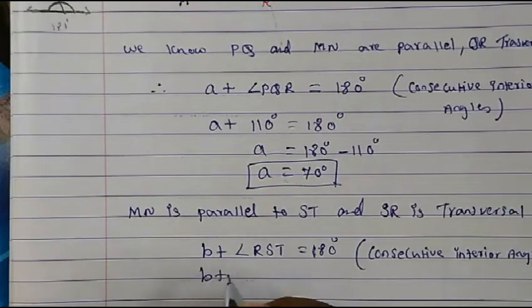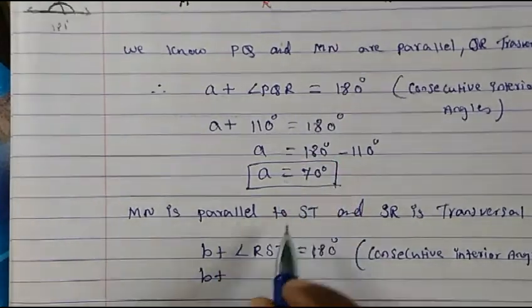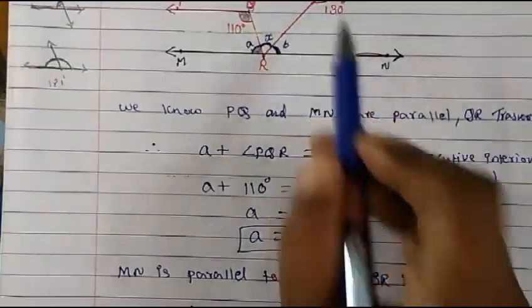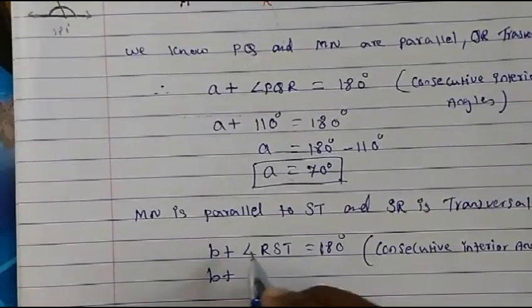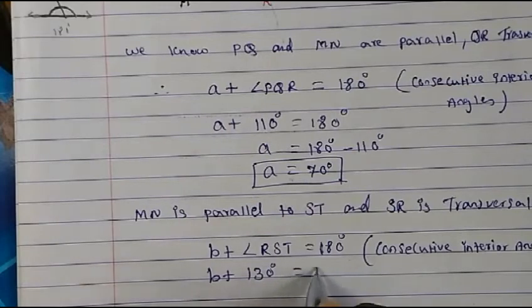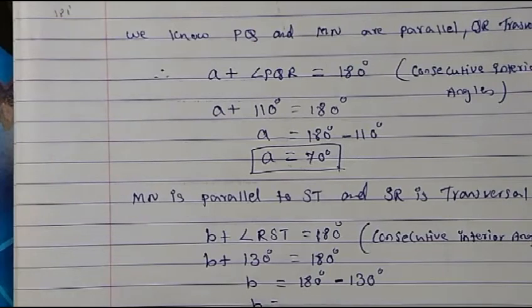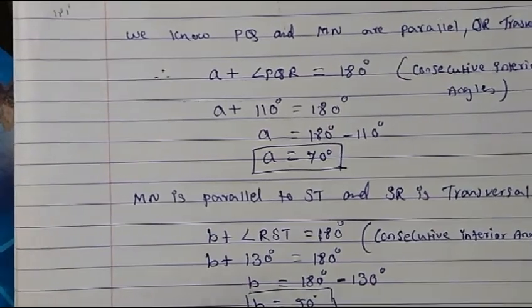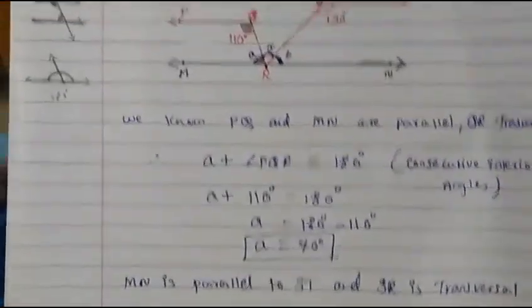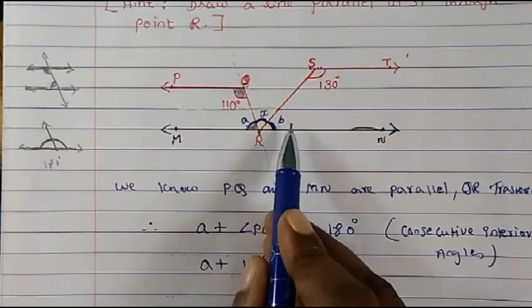B we don't know, but RST we know, RST is 130. So let's keep B here only and bring this 130 to the other side, so it becomes minus. Then the B value we get is 50. So now we found A and we found B.